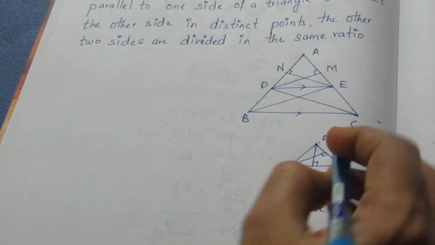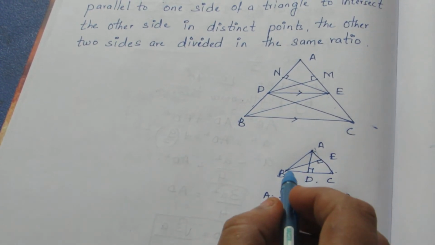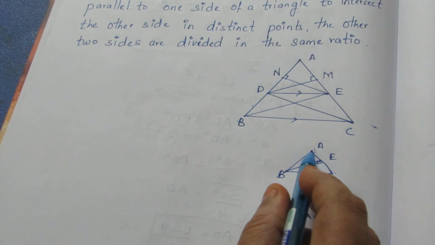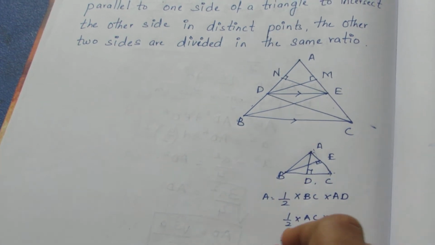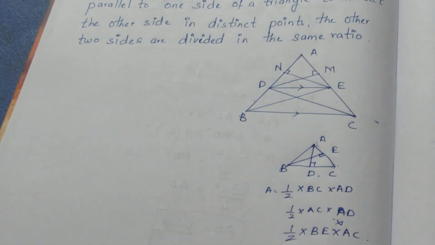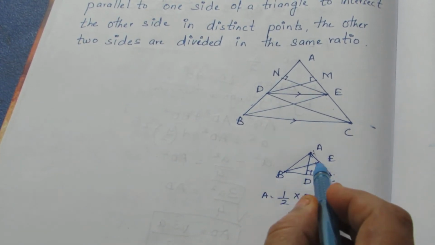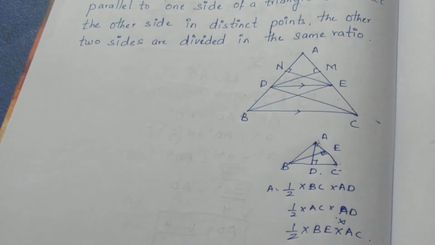If I take this foot of the perpendicular to be E, my area of the triangle can also be written as half into BE into AC. That means on the base there should be a 90-degree line from the vertex. It is the height.